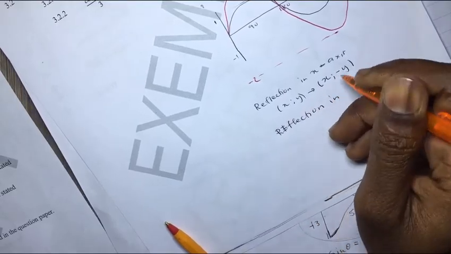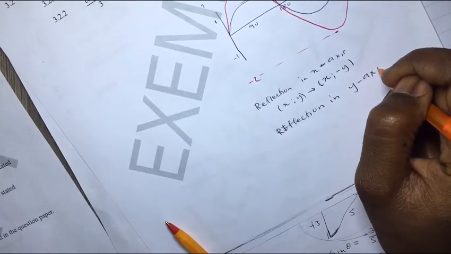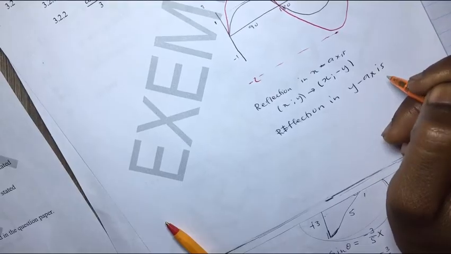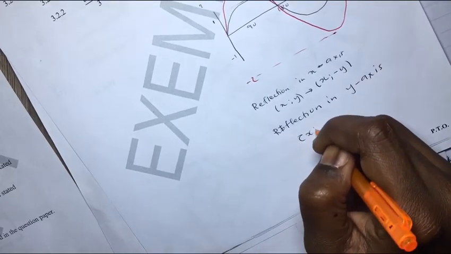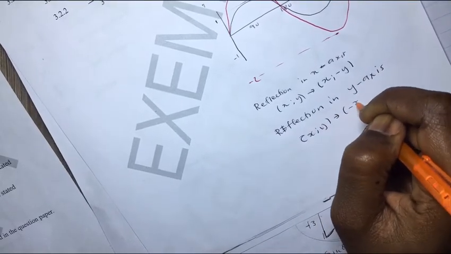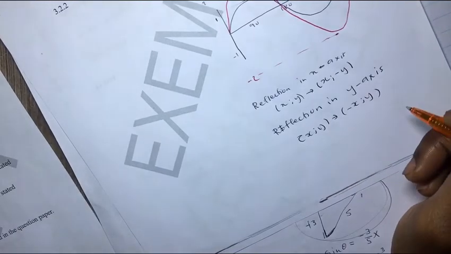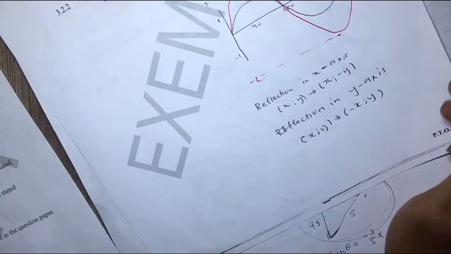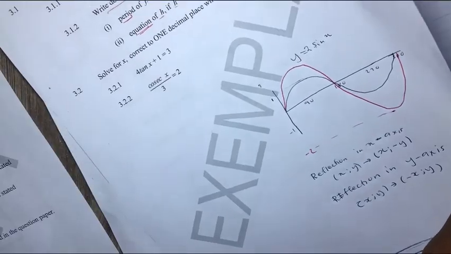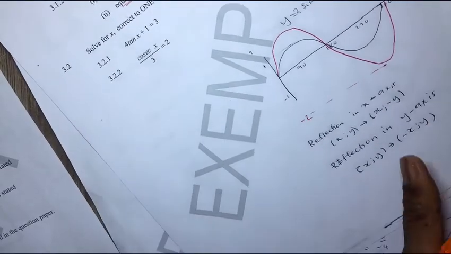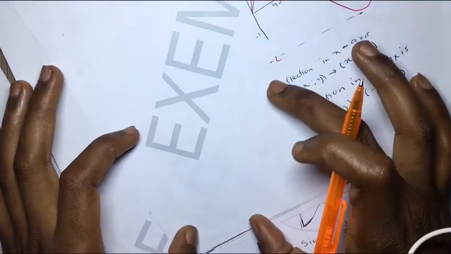Reflection in the y-axis: x and y becomes negative x and y. I hope you get it. So what are they basically saying here? Are you seeing what I'm writing here?